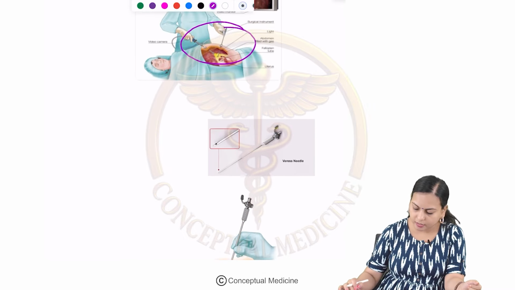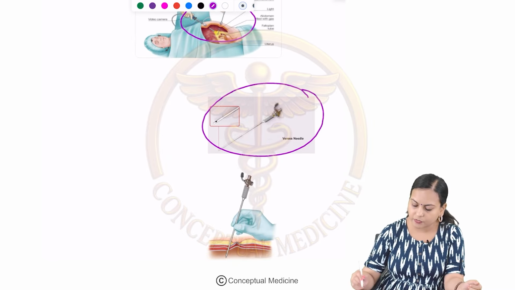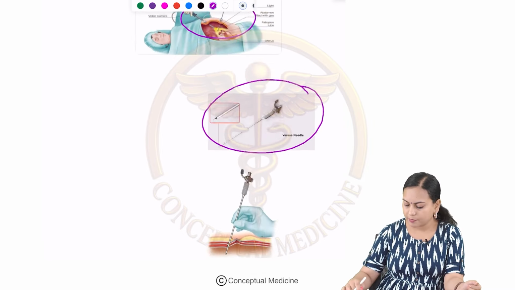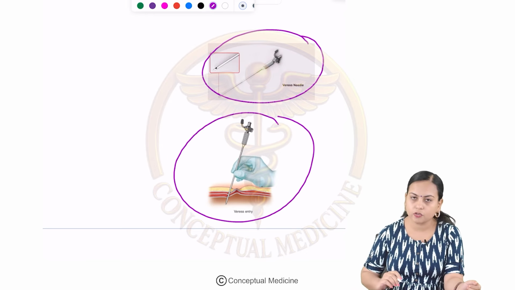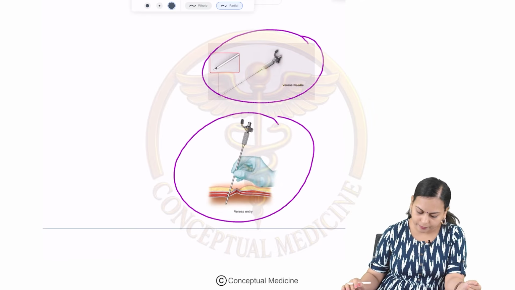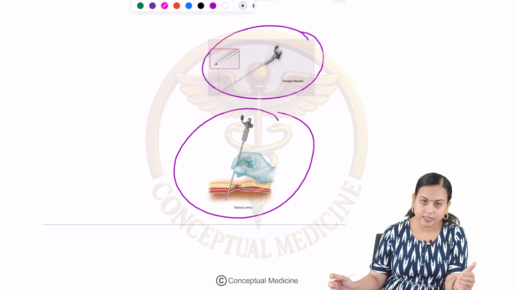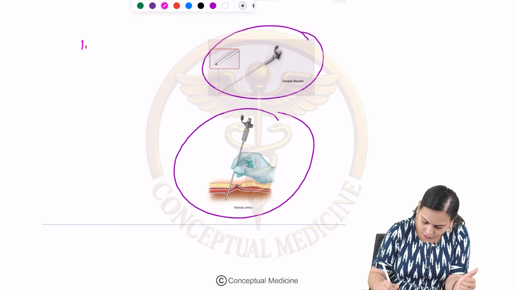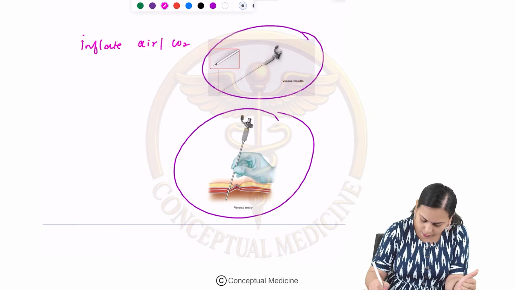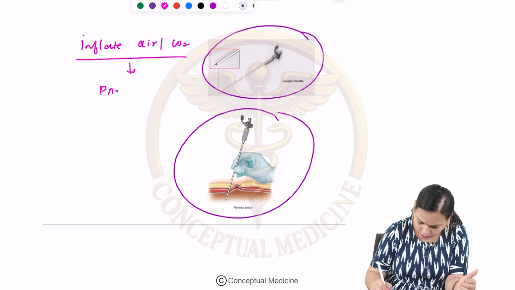Okay, we will be using the insufflator through this Veress needle. So the first step in laparoscopy is introduction of this Veress needle, through which we will connect the insufflator to create the pneumoperitoneum. There are two important instruments in laparoscopy. One is the Veress needle. I already told you this is used to inflate either air or carbon dioxide to create pneumoperitoneum through the umbilicus.